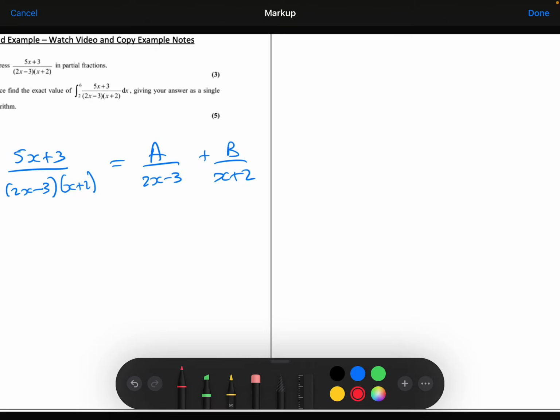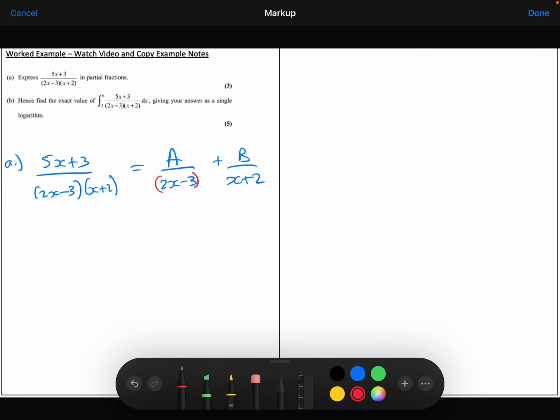So the first fraction has to be multiplied by the x plus 2, so I'm going to multiply the A by the x plus 2. The second fraction has to be multiplied by the 2x minus 3, so the B has to be multiplied by the 2x minus 3.